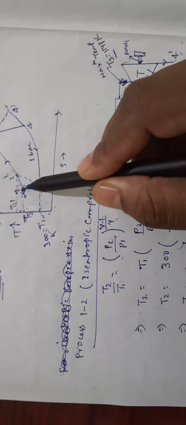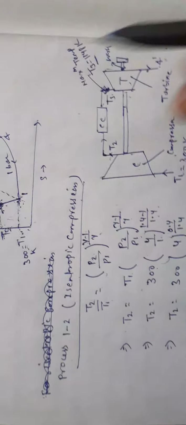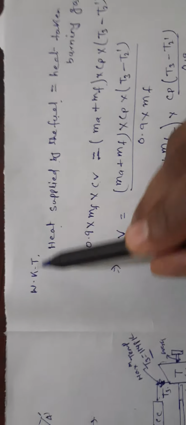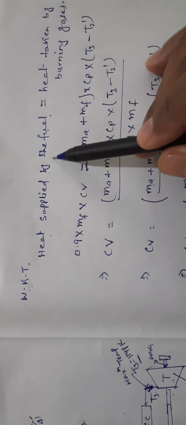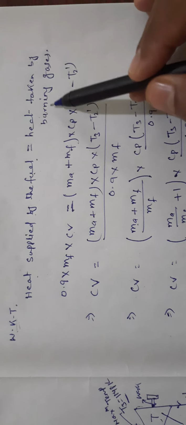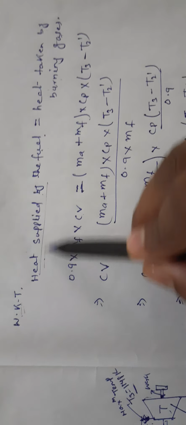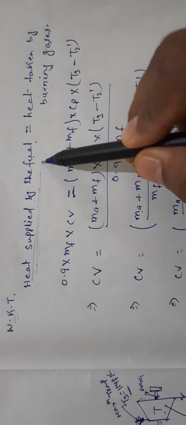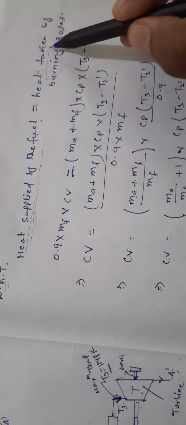So we now have T2 and T2 dash. Now we know that the heat supplied by the fuel is equal to the heat taken by the burning gas. We discussed this in the previous class.